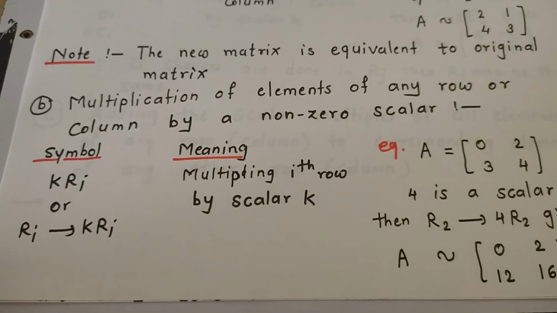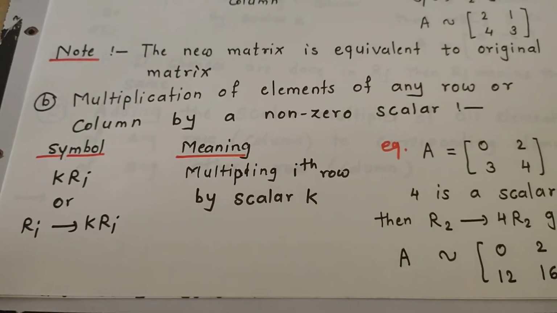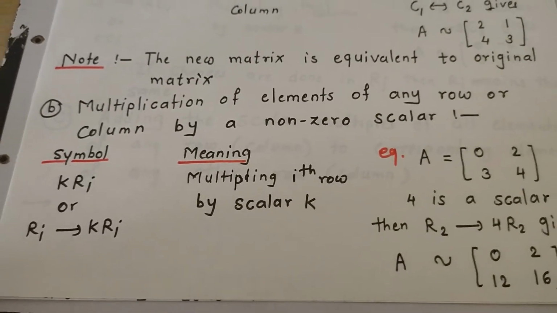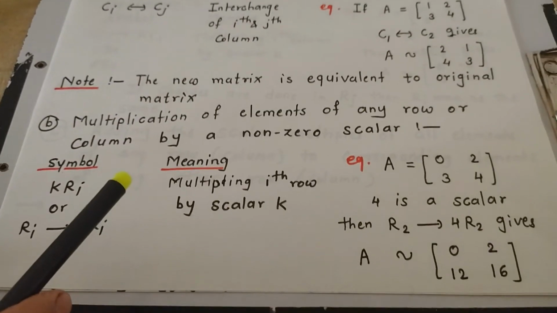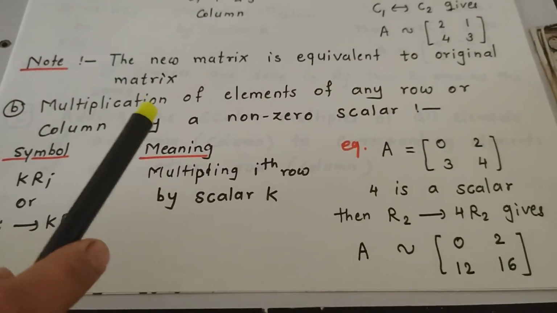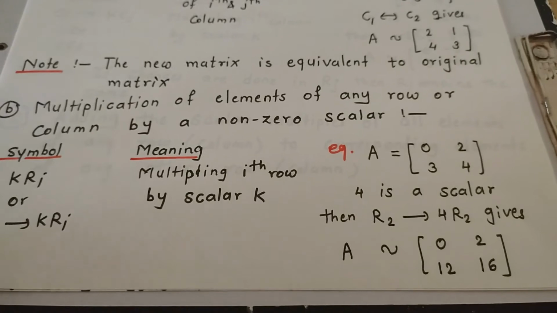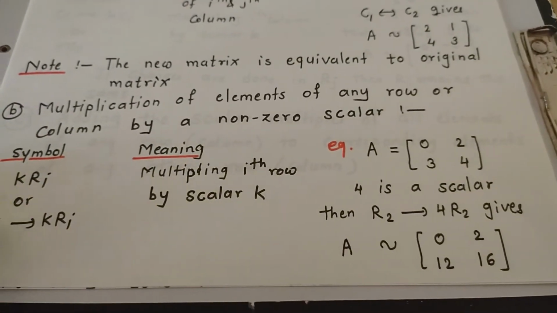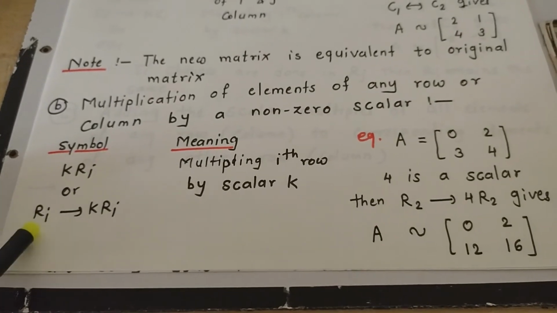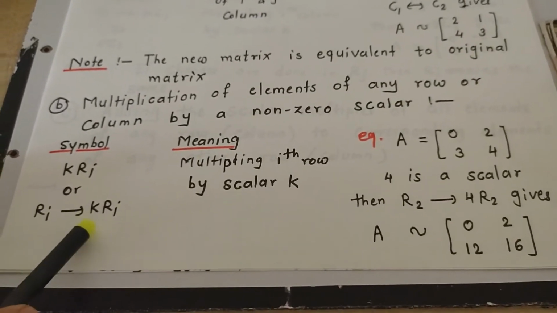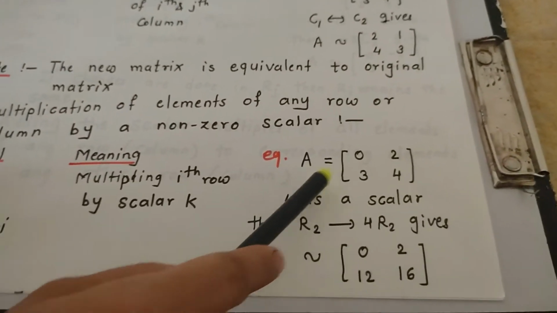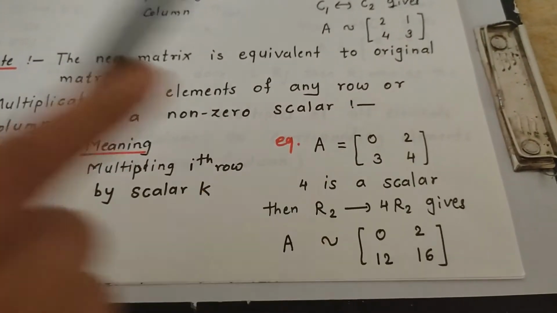If we have to multiply the ith row by scalar k, then we multiply every element of the ith row by constant k. It is symbolically denoted by Ri changes to k into Ri. For example, A is a matrix and 4 is a scalar.